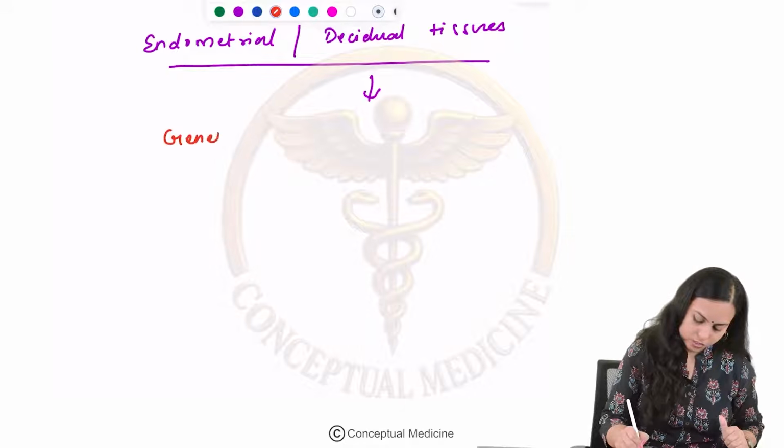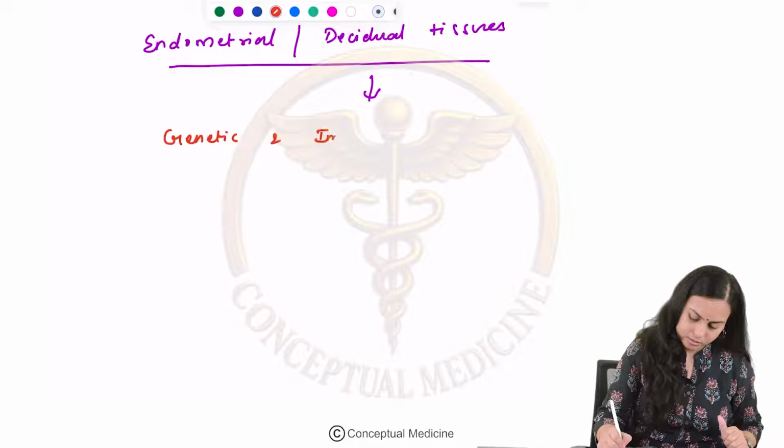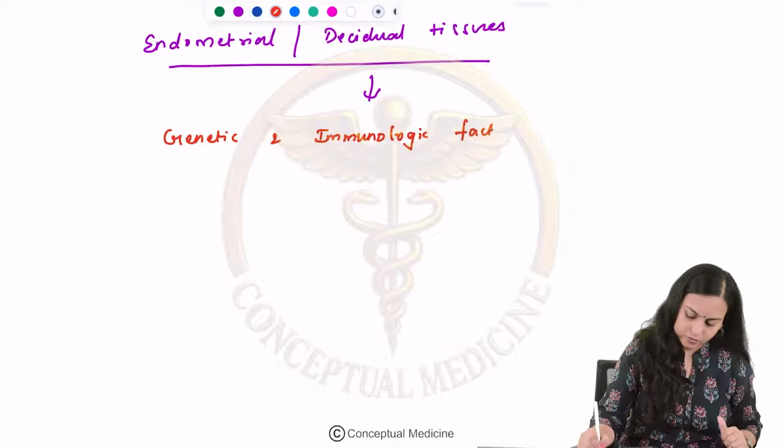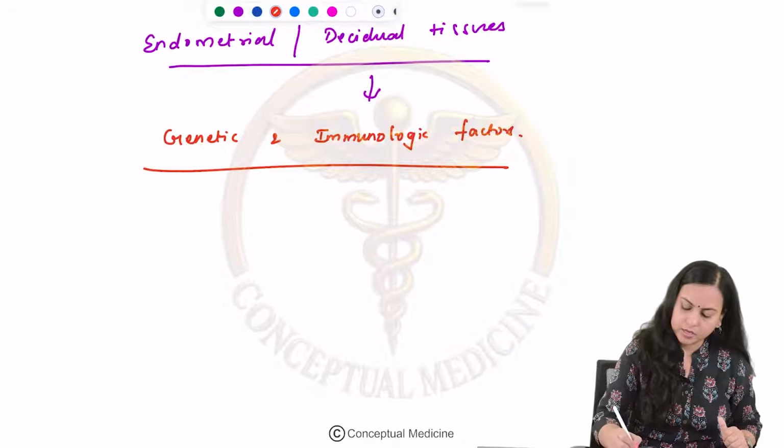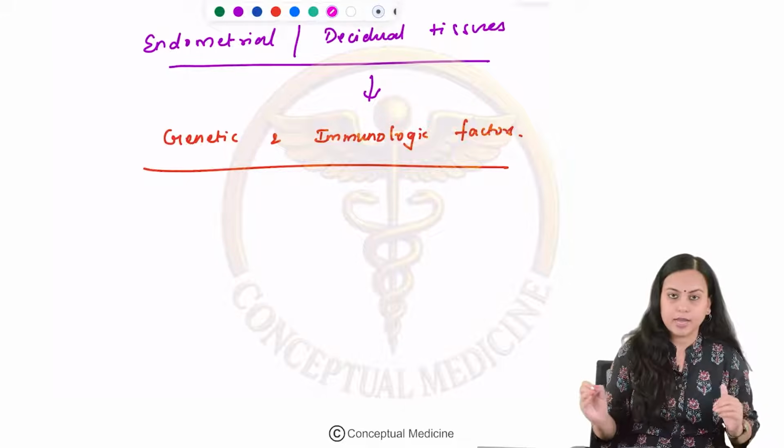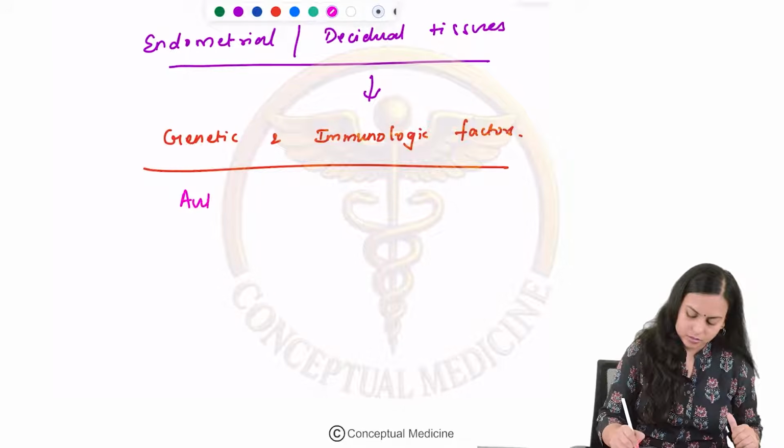Clear? Right. Now, let's see about the genetic and immunologic factors that will be leading to endometriosis. Okay. So, endometriosis also has an autoimmune basis. You have to understand this.